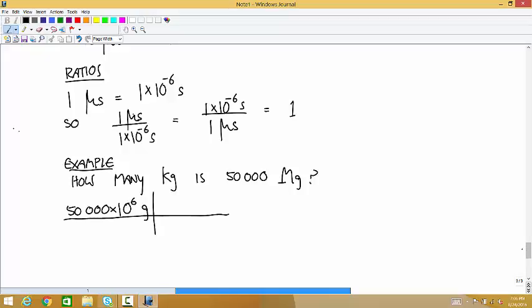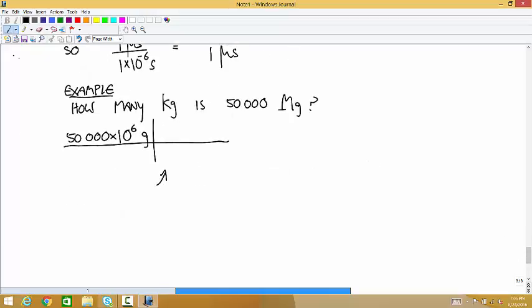And then I'm going to use the relationship between grams and kilograms. So for this, I'm going to recognize that 1 kilogram is equal to 1 times 10 to the third grams. And so for the conversion, I'm going to write 1 times 10 to the third grams on the bottom, 1 kilogram on the top.